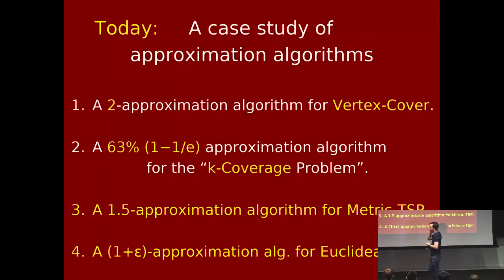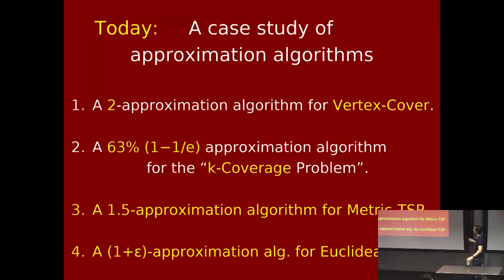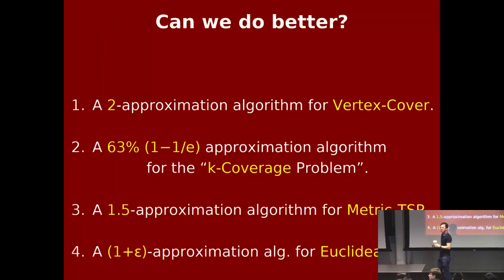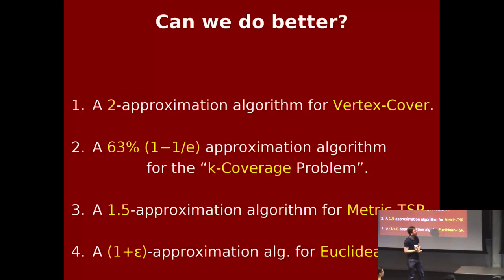OK. Good. So we saw actually 4 approximation algorithms in the end, for Vertex-Cover, K-coverage, TSP, and then the special case of Euclidean TSP. And they had different approximation factors. And as I said, we should always ask ourselves, can we do better? Maybe, we got a factor 2 approximation for Vertex-Cover. Maybe we can get a factor 1.5 algorithm for Vertex-Cover.